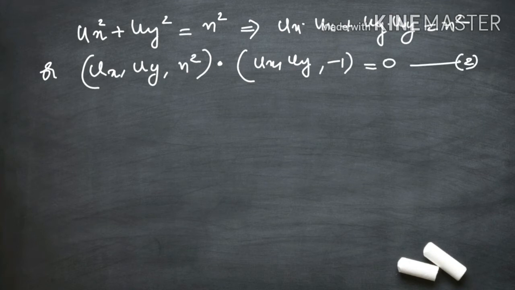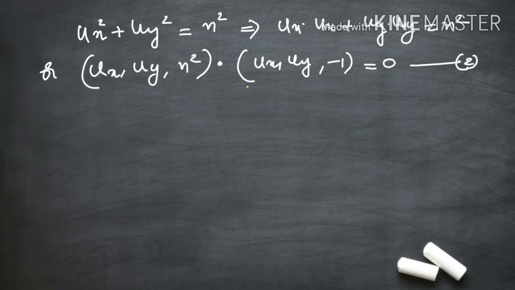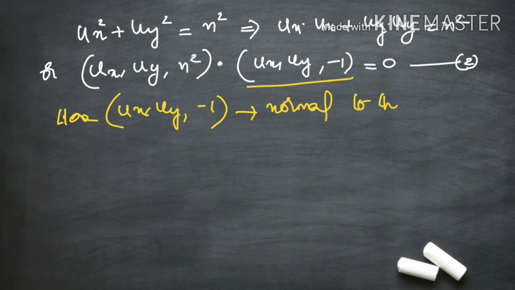So this equation 1 can also be written as the dot product of two vectors, and we know that the second vector (ux, uy, minus 1) is a surface normal. It is normal to the surface we have to find.